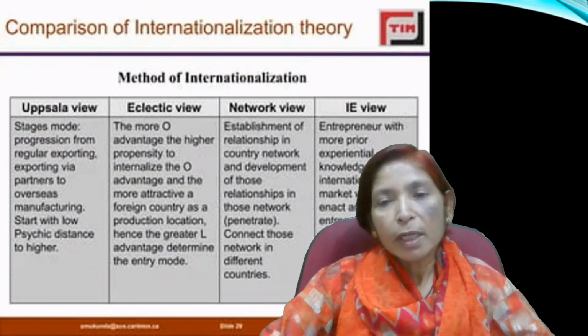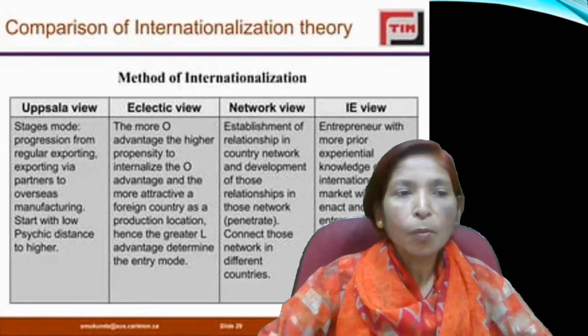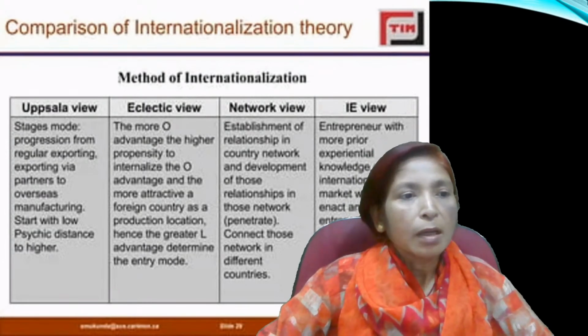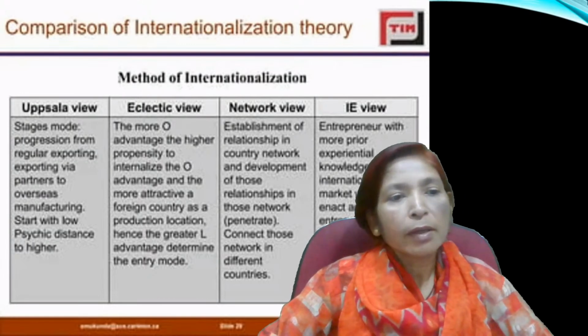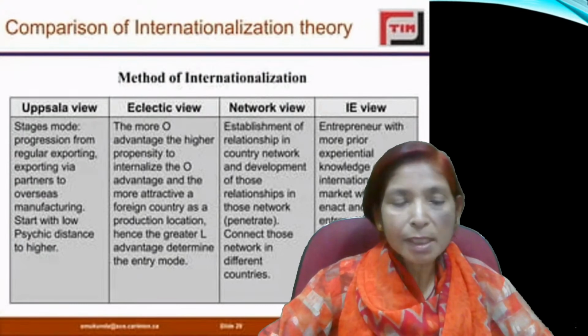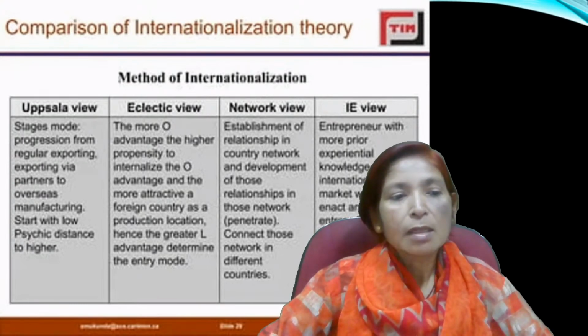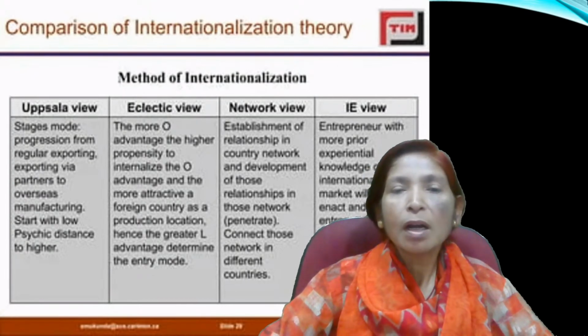international entrepreneur view. First is the Uppsala view. Here it states the mode progression from regular exporting and exporting via partners to overseas manufacturing, starting with low psychic distance to higher.